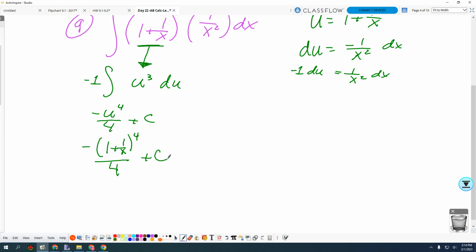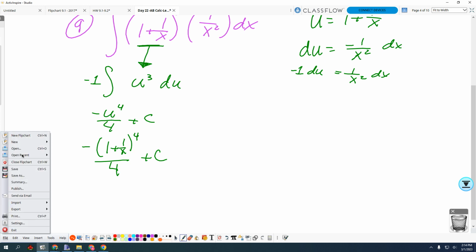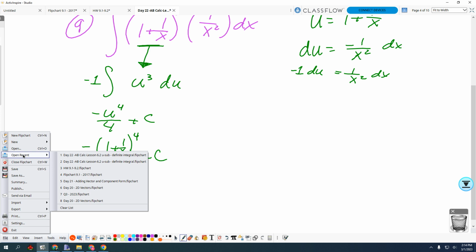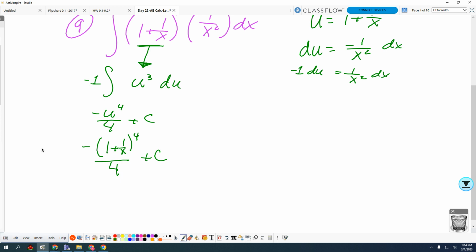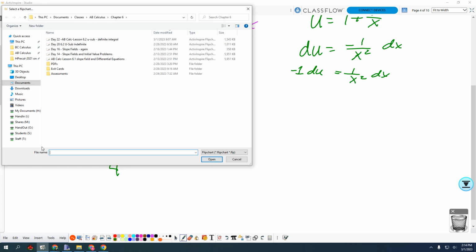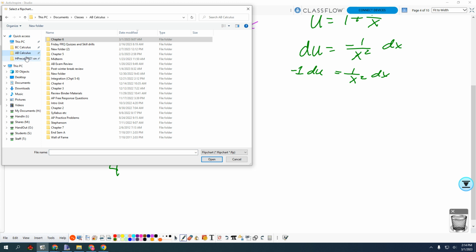Can you go over number 11? The 2/3 square root of all the nasty stuff. Look at all this junk.